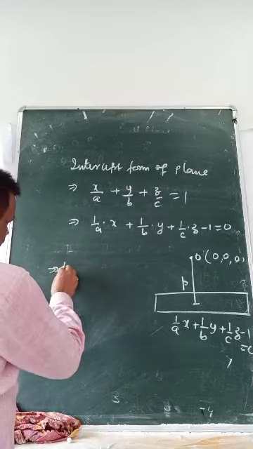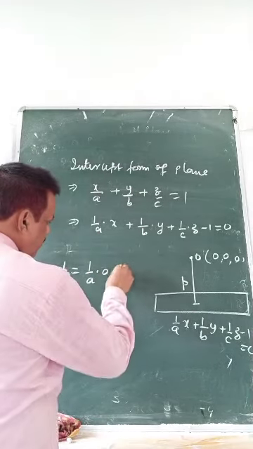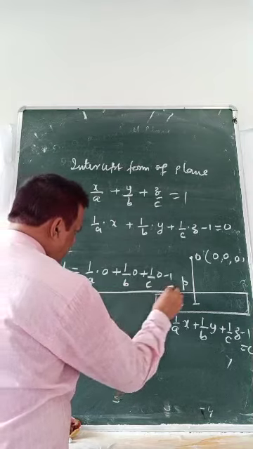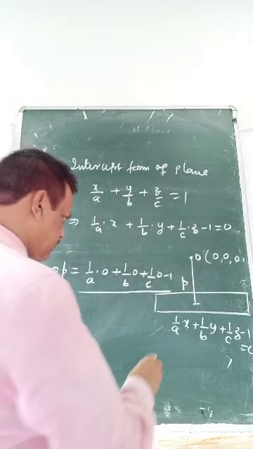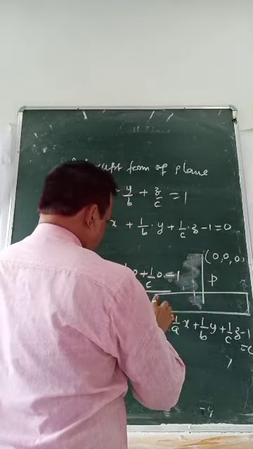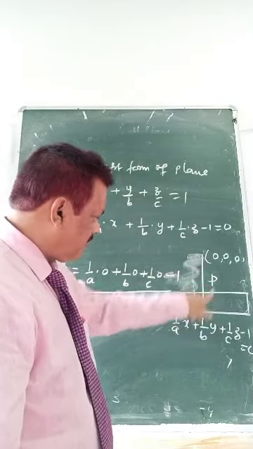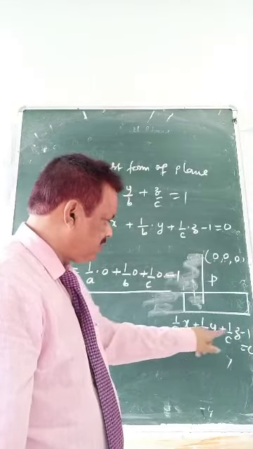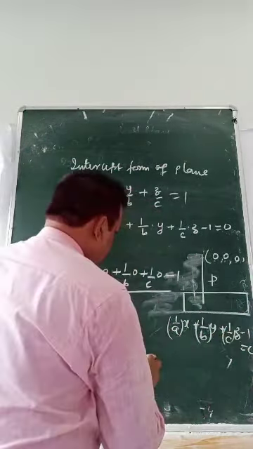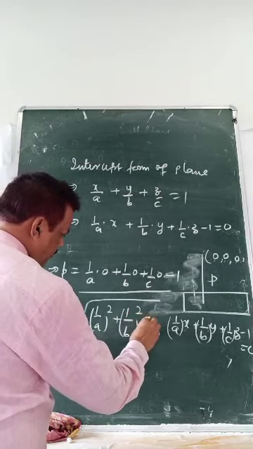So p equals, what is the formula? (1/a)(0) + (1/b)(0) + (1/c)(0) - 1, divided by the square root of the sum of squares of the coefficients, that is, root of 1/a square plus 1/b square plus 1/c square.